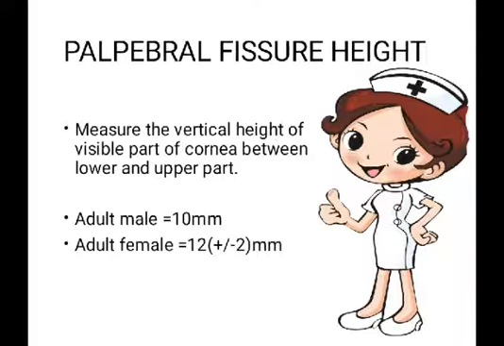In an adult male, this height is 10 mm, and in an adult female it is 12 mm, plus or minus 2, which means we add 2 or sometimes subtract 2. These are the normal values of palpebral fissure height.